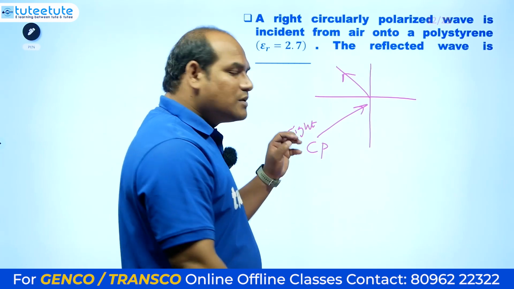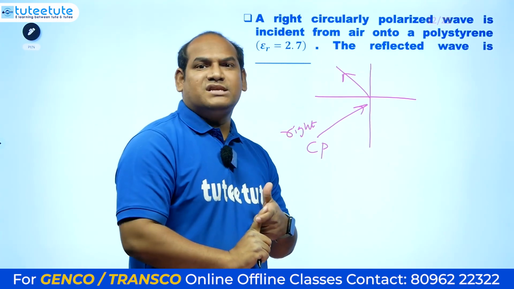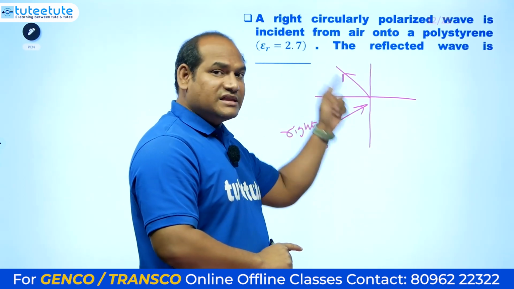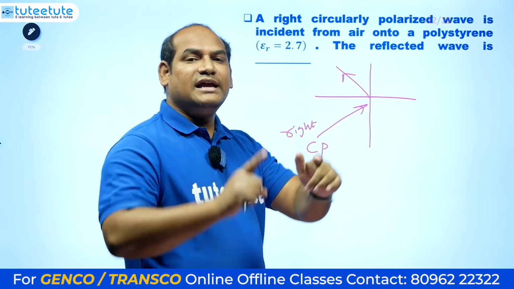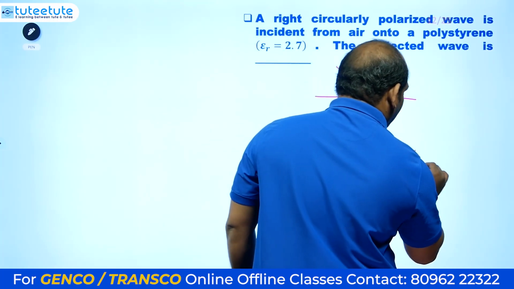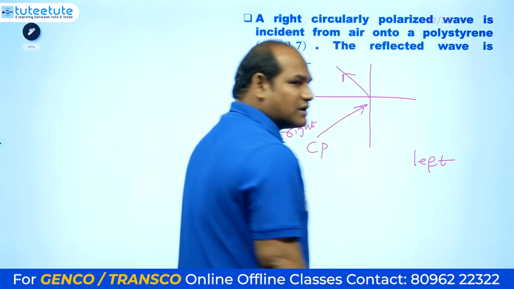The direction of propagation is reversed. You are sending like this, but the reflected wave is in the opposite direction. So surely left will become right, right will become left. So one thing is the reflected wave will be left polarized.